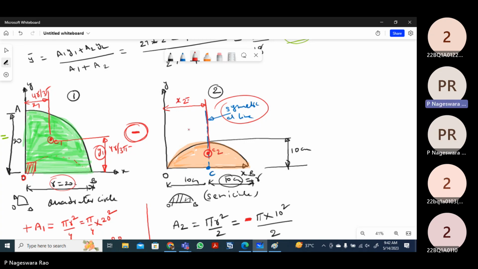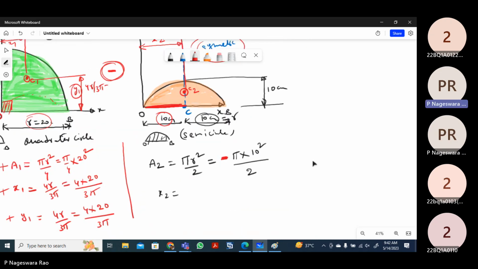So x2 will be this distance, which you know will be the radius, that is nothing but 10. That means x2, the centroid of the second area, the semicircular area, will be equal to r, that is 10 centimeters. By default, it is also positive because it lies in the first quadrant. But the area sign will be minus, because we have to remove the second area, the semicircular area.